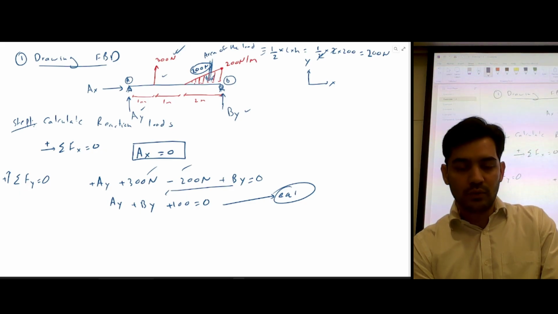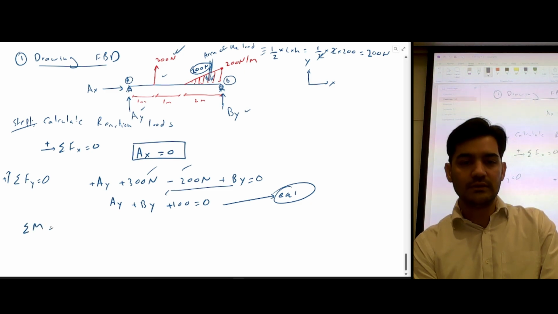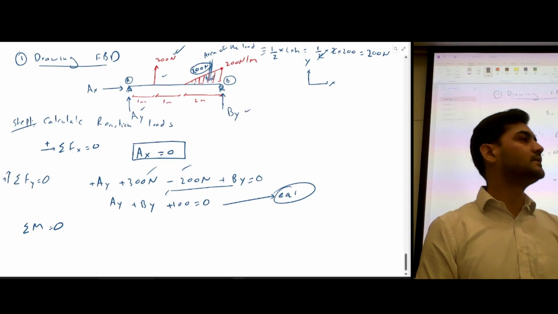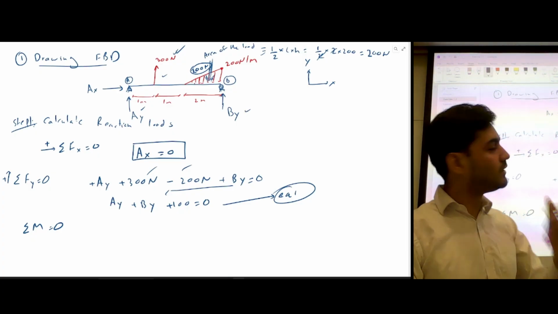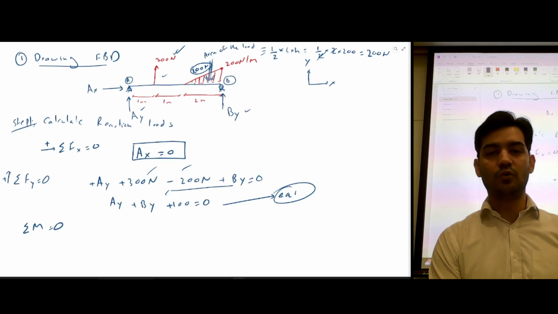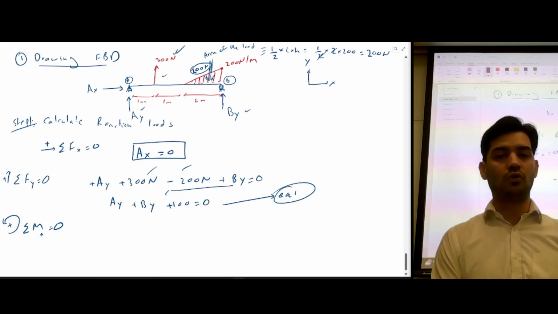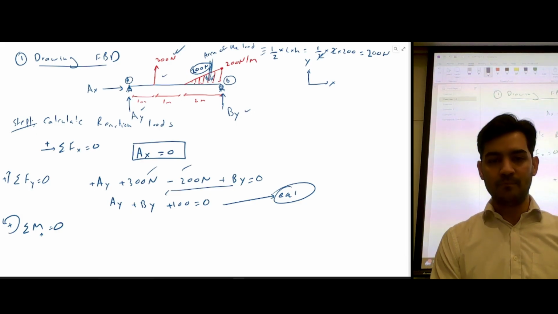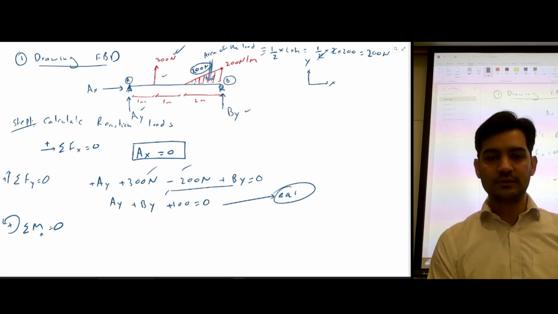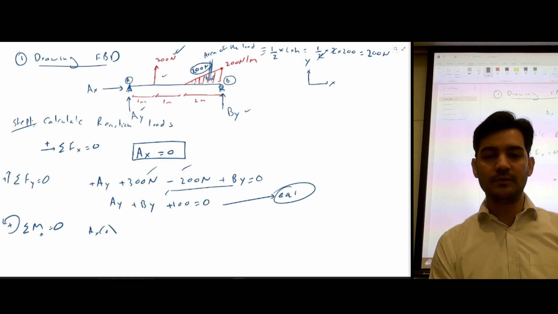Now we can use the third equation, which is summation of moment is equal to 0. We can take moments at any point, so let's just take moment at point A. Anti-clockwise or counterclockwise moment is positive. In this case, you have AX, moment arm is 0.